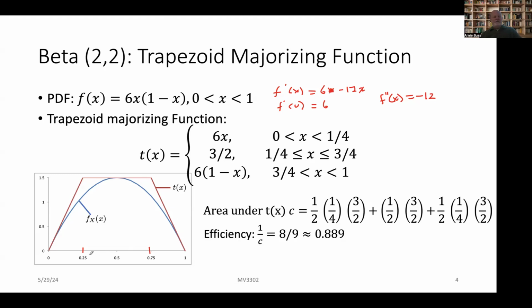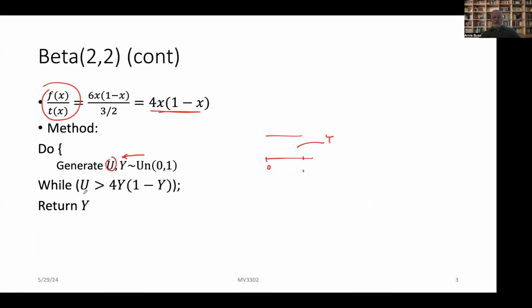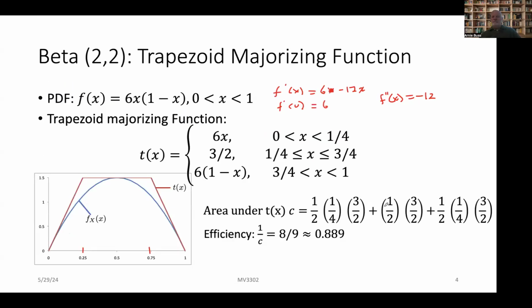So it'd be 1/2, 1/4 times 3/2, which is the height, and then 1/2 of 3/2, which is the base. And so the area turns out to be 9/8 is what this works out to. And so the efficiency is 8/9.